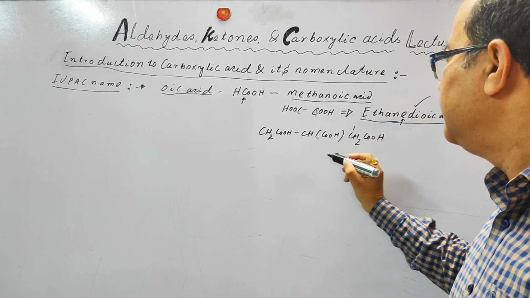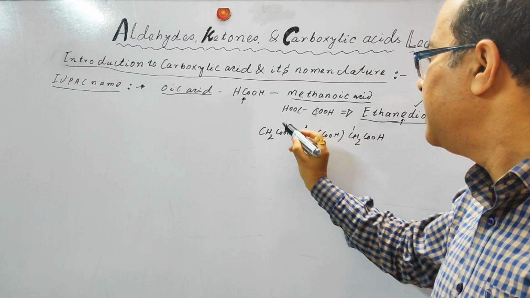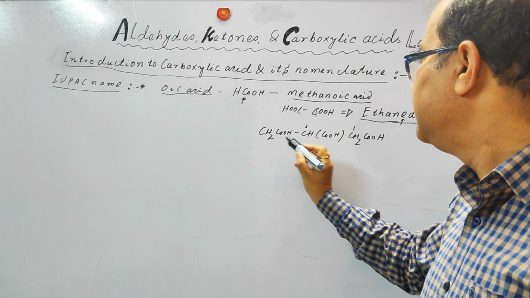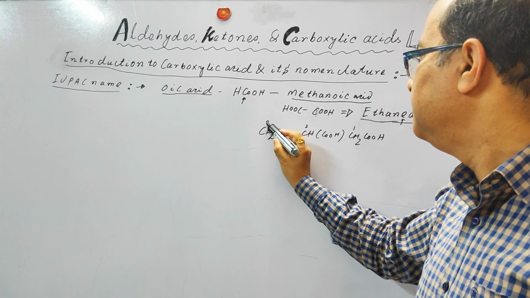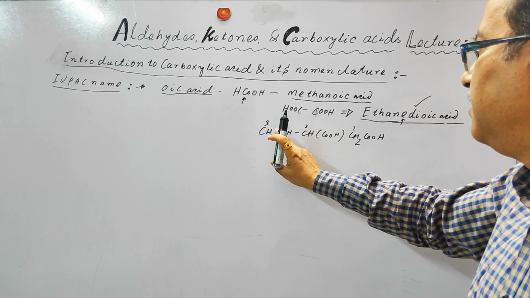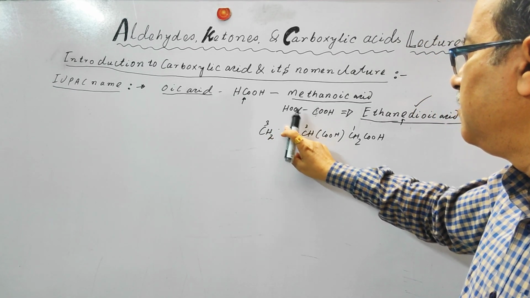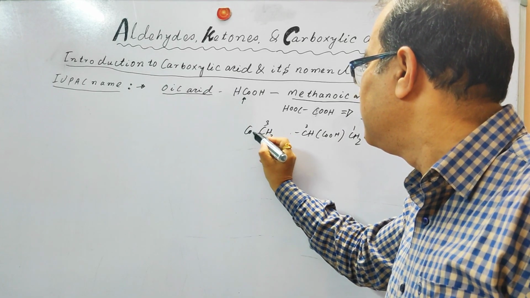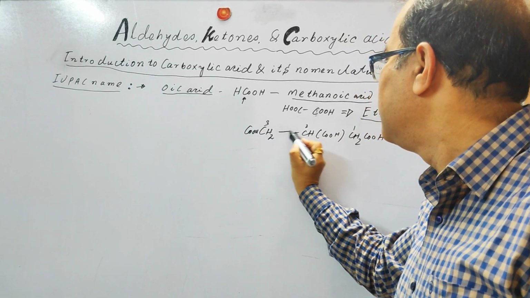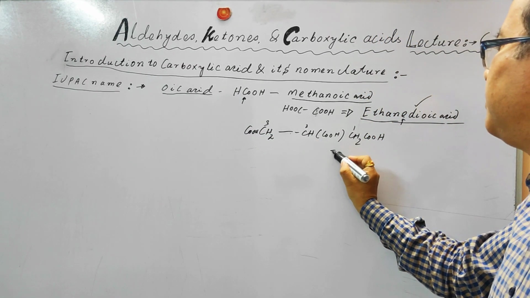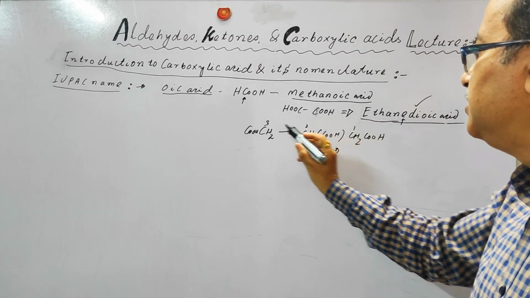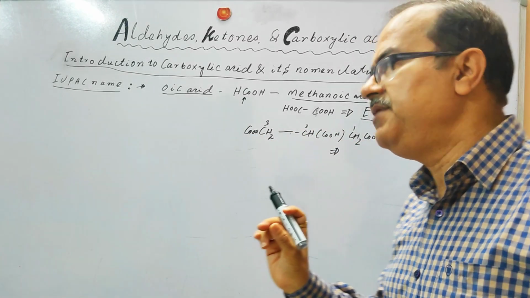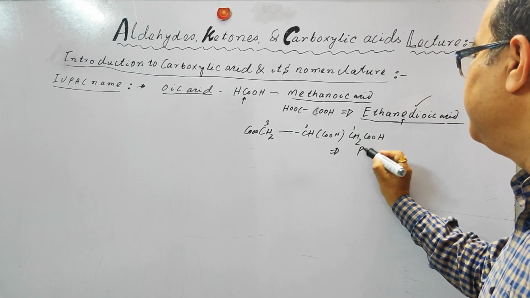This is 1, this is 2, and this is 3. 3 carbon atoms means it is propane.